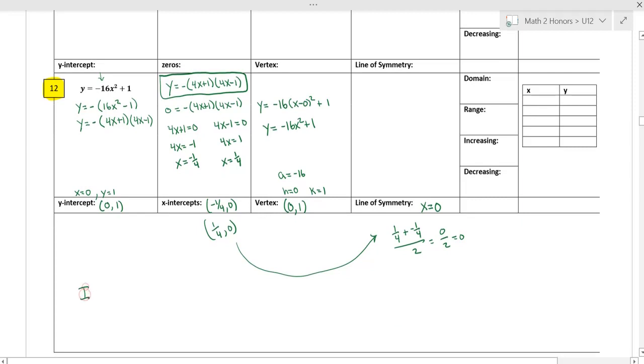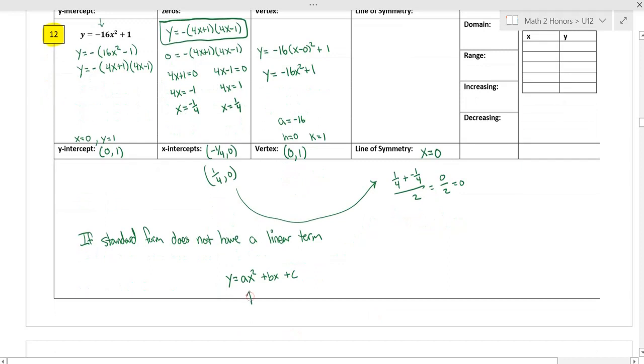If standard form does not have a linear term, and a linear term is the term that has the x value, so if I write y equals ax squared plus bx plus c, we call the ax squared the quadratic term, the bx is your linear term, and c is what we refer to as the constant.